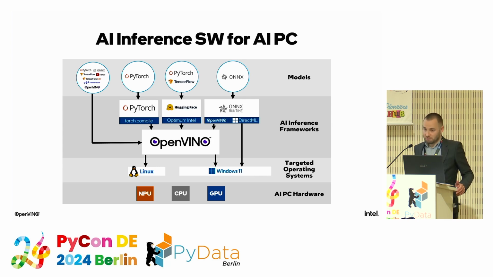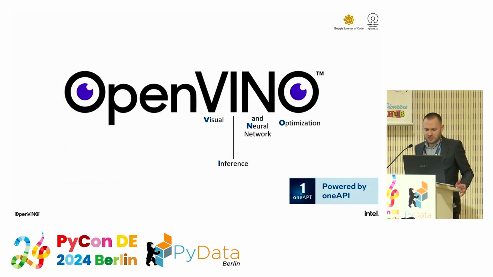And of course, there is more than one way to use OpenVINO with your code. But let's start with what OpenVINO is. OpenVINO started as Open Visual Inference and Neural Network Optimization. Right now, it's an open source toolkit for optimizing and deploying AI inference in general.